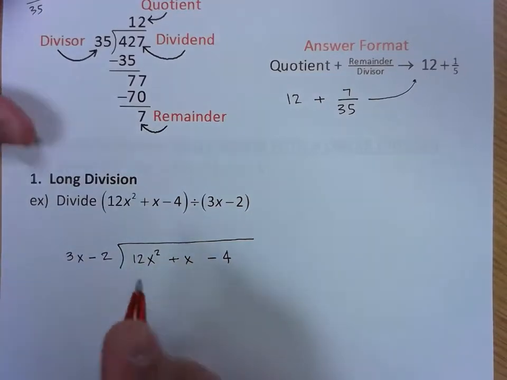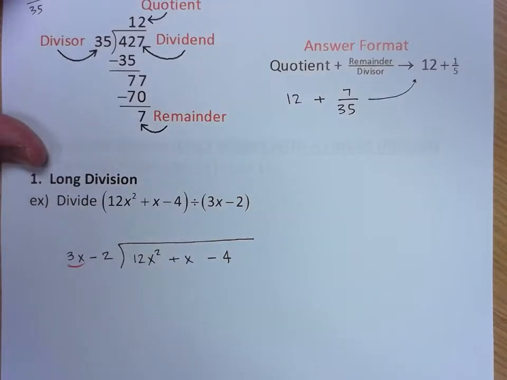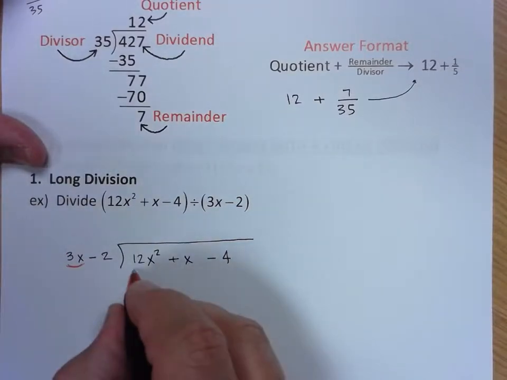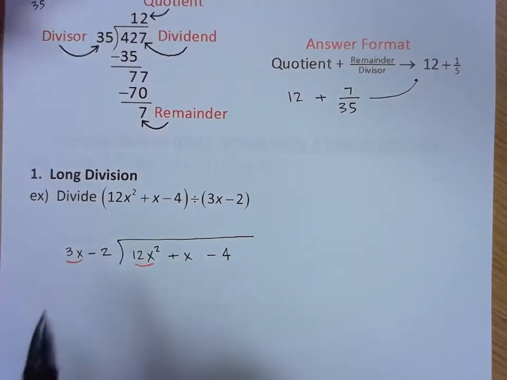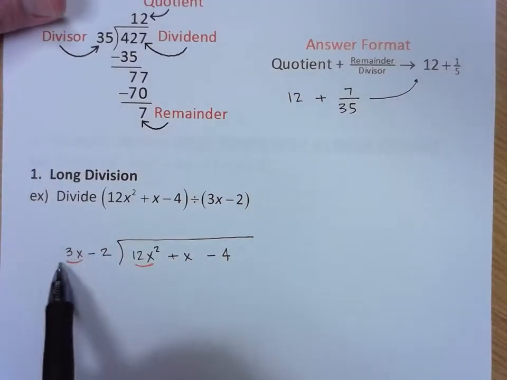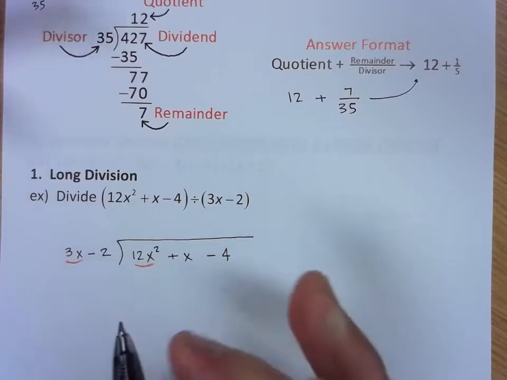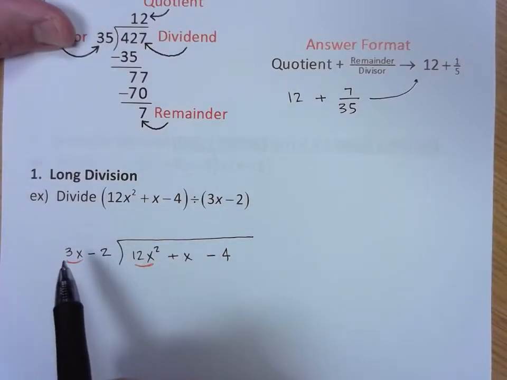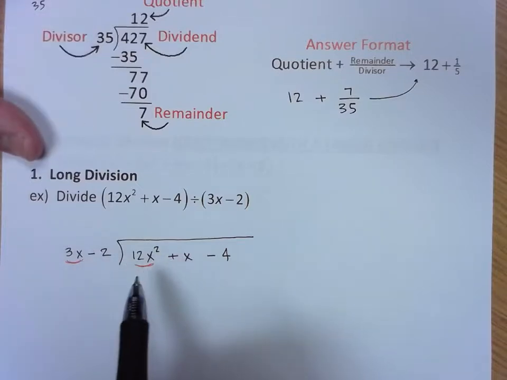So what you do is you compare the first term in your divisor, the 3x, to just the first term in your dividend, and ask yourself, what do I need to multiply this 3x by to make it become 12x squared? In other words, how many times does 3x go into 12x squared? Well, that would give you a coefficient of 4 along with 1 extra x.